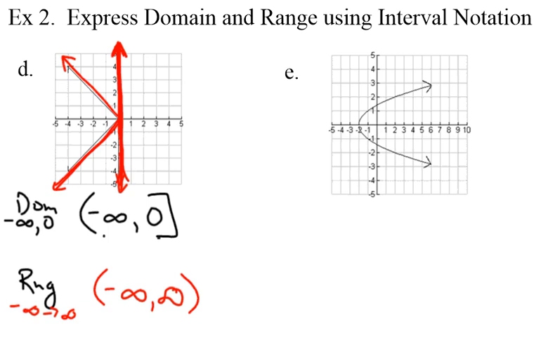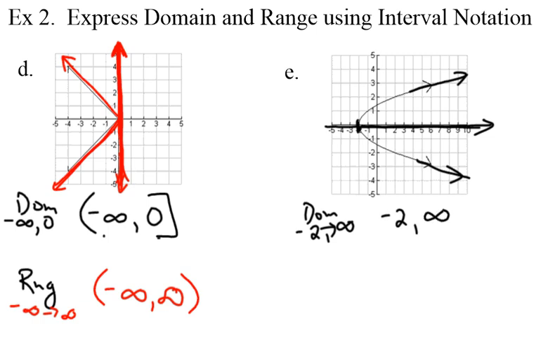Over here with E, domain, we go as low as -2. We're going up. How far to the right? Well, the graph goes forever, so we're going to positive infinity. Low value, high value. What do I need? It includes the -2, so we close the bracket.